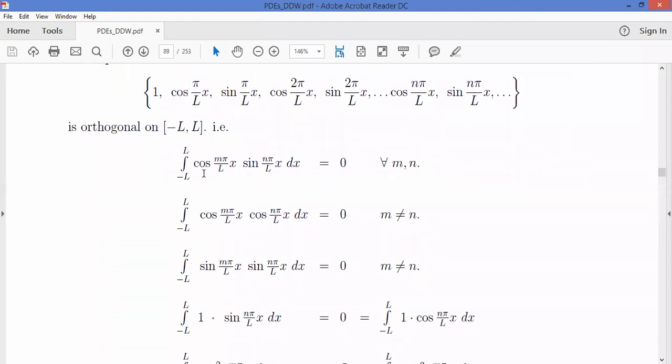If you have the integral of cosine, this will be 0 for n, but if you look at cos and cos, this is 0. Then you have sine and sine. And for those who may be following, remember, you just have to ask yourself another quick way.